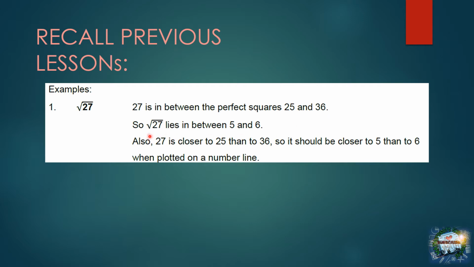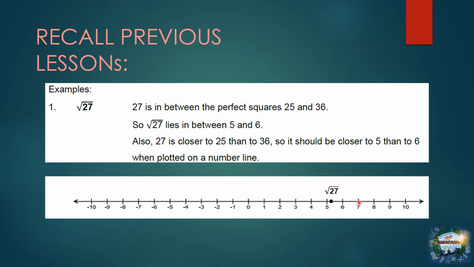So, meaning yung square root of 27 lies in between 5 and 6. Also, 27 is closer to 25 than to 36. So, it should be closer to 5 than to 6 when plotted on a number line. Tama. Kasi nga, yung 25 ay mas malapit sa 27 compared to 36. So, paano natin siya ilalagay sa number line?